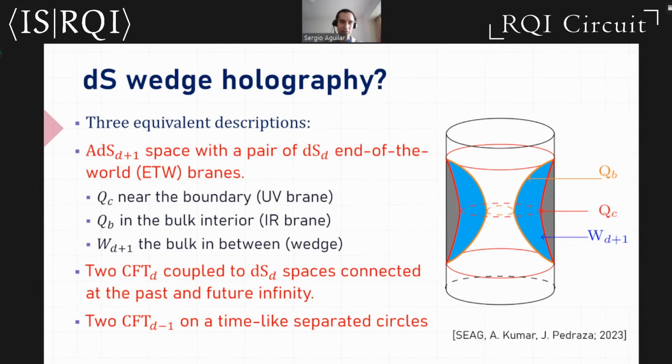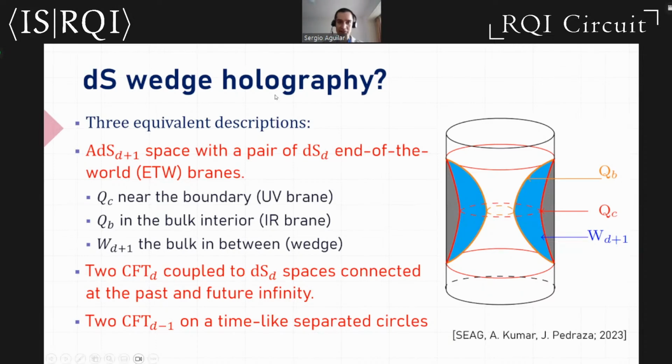The modification with wedge holography is that now there are pairs of branes where the intersection between the two branes is something like a double holographic codimension two quantum theory that has been implemented in different contexts.